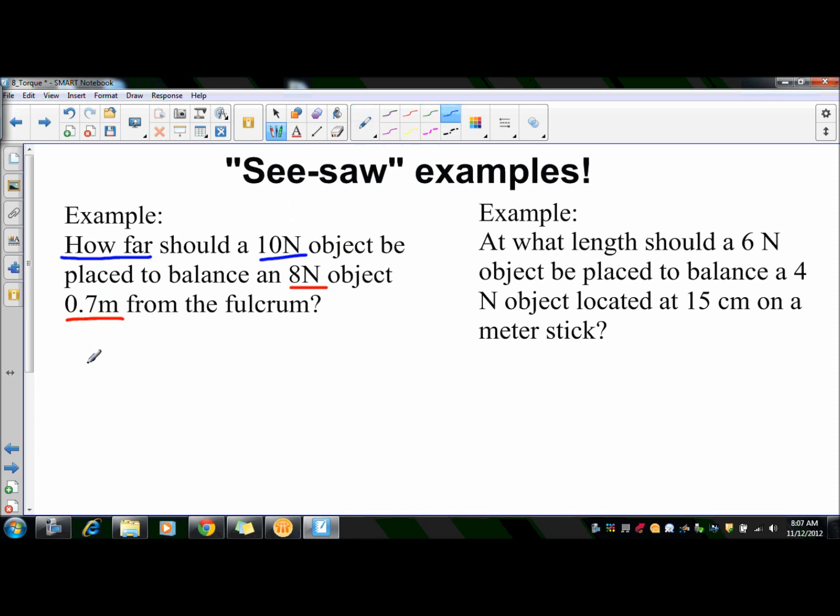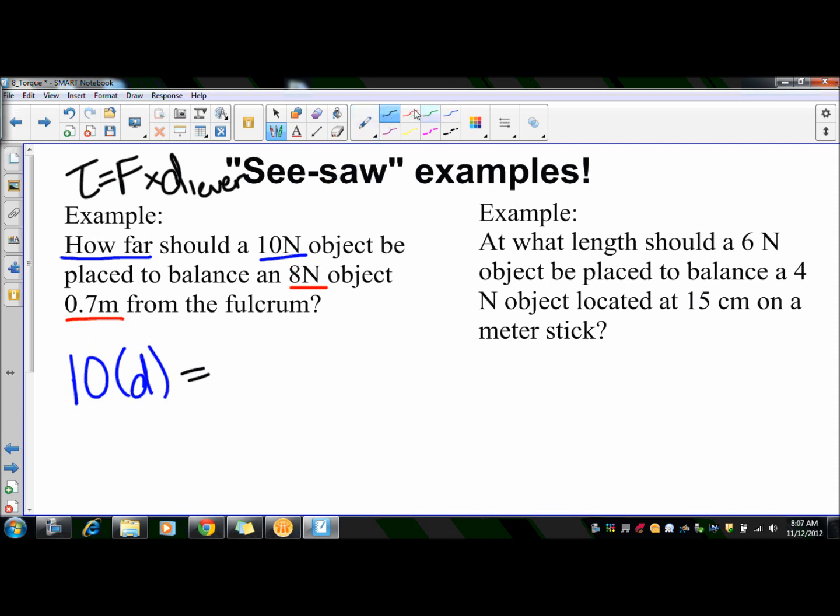So our equation again is torque. Torque equals force times the distance of the lever. And so on one side we have D, or we're given F, so 10 times D.